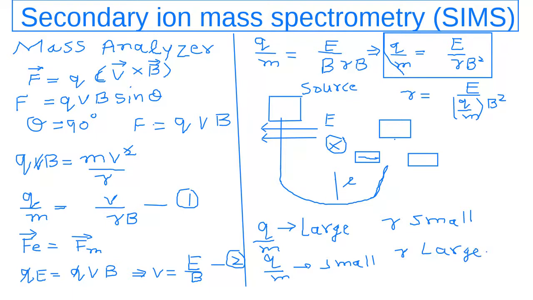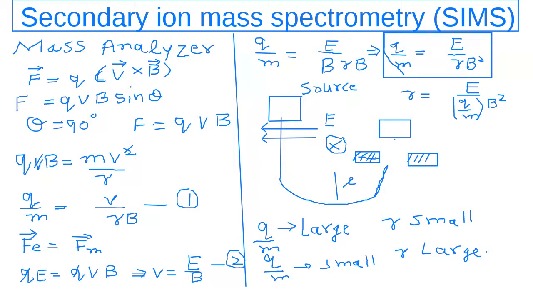Let's try to understand this with this figure which we have given here. Again, these are the two blocks which we are talking about. This is one block, this is the second block, and we are trying to make the trajectory of electrons or the charge carriers from here to here.